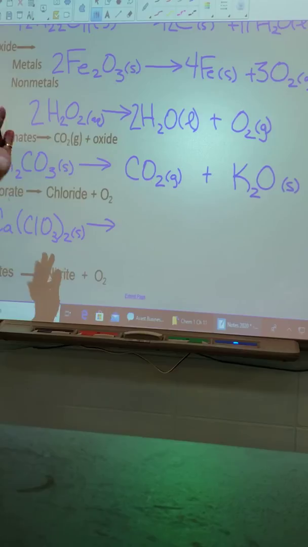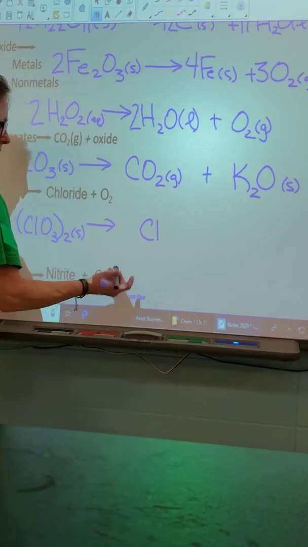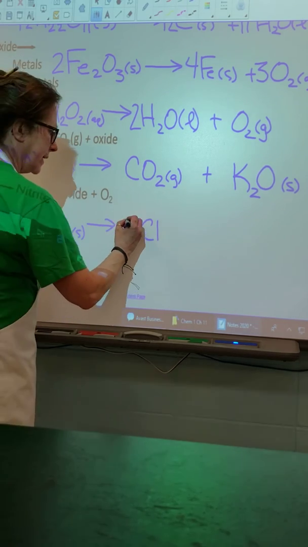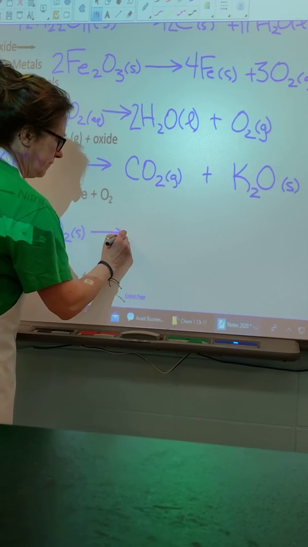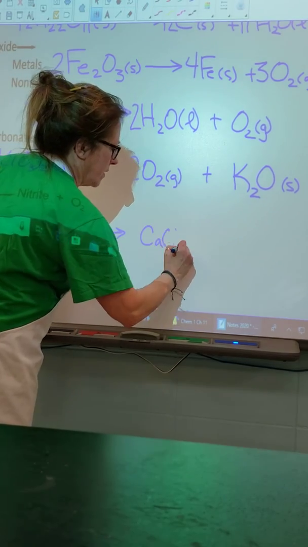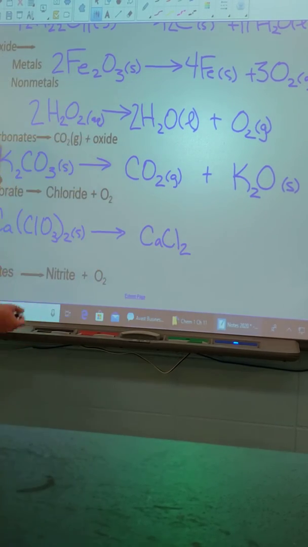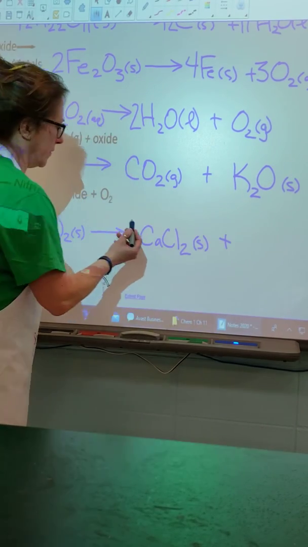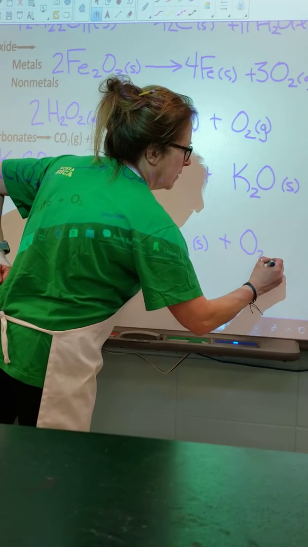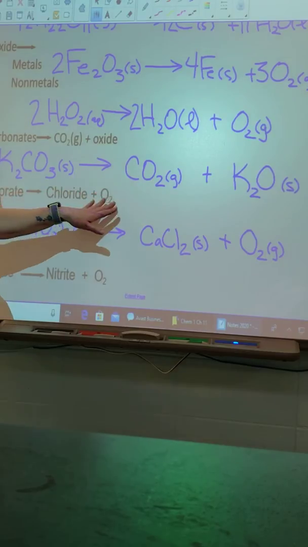So a chloride salt means I'm going to have chloride bonding to a metal. So I've got my metal here. Calcium is +2, chloride is -1, and that's a solid because that came from a solid over here. And then oxygen gas. Okay, so when a chlorate decomposes, you get a chloride salt and oxygen gas.